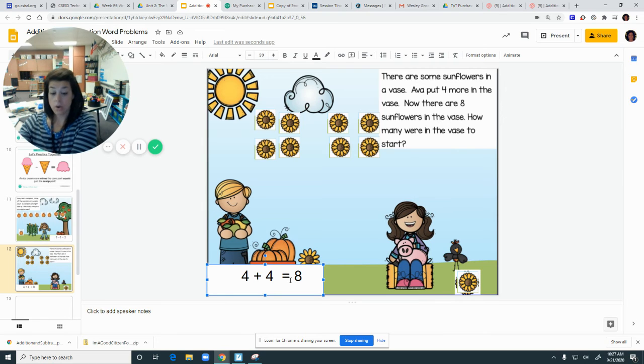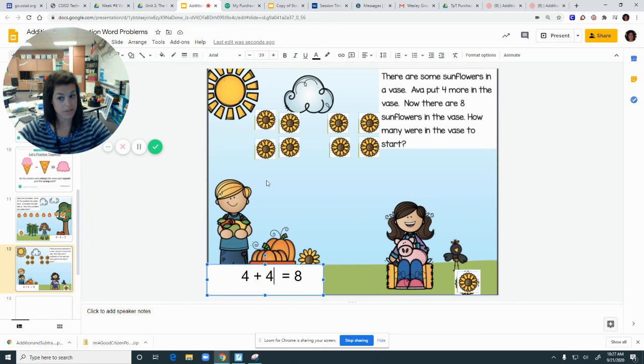Okay, so I'll put 4 more in and I'll get 8. So I had my 4 and I counted up until I got to 8. It took me 4 more to get to 8, which tells me that I had 4 in my vase already. That's what I had to start with. I know it's confusing, but don't worry.